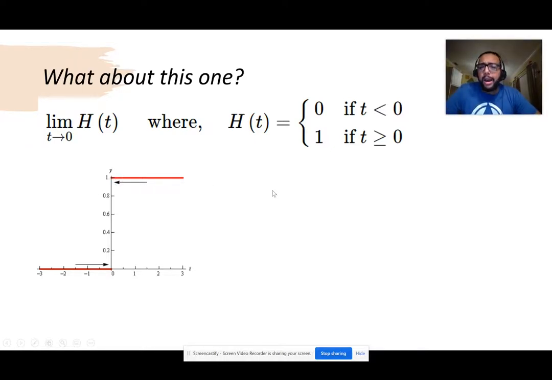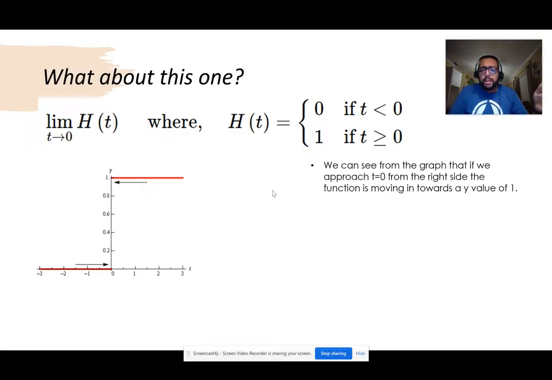So how do I estimate or evaluate this limit? Well, we would have to do the same thing we did last time. We look at the values that are less than 0 and greater than 0. If we look at the graph that approaches 0 from the right side, let me get the laser pointer out, it's moving in and hitting 1.